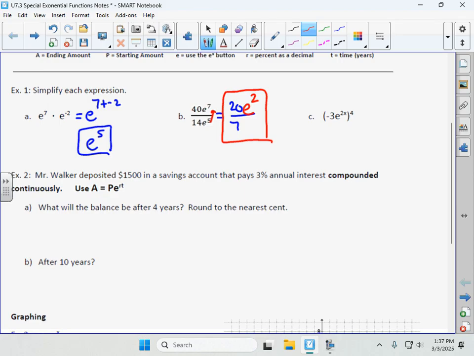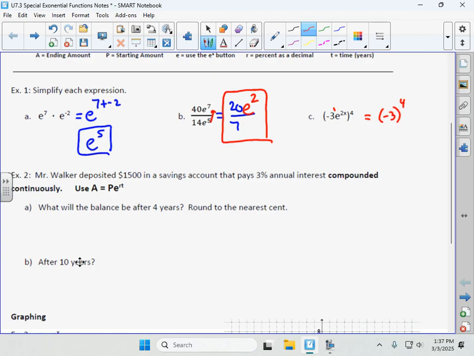For part c, since we have an exponent that's raised to an exponent, we're going to multiply the exponents together. Remember, this negative 3 has an exponent of 1, so that 1 gets multiplied to the 4, and the 2x gets multiplied to the 4. Negative 3 is now being raised to the 4th power.